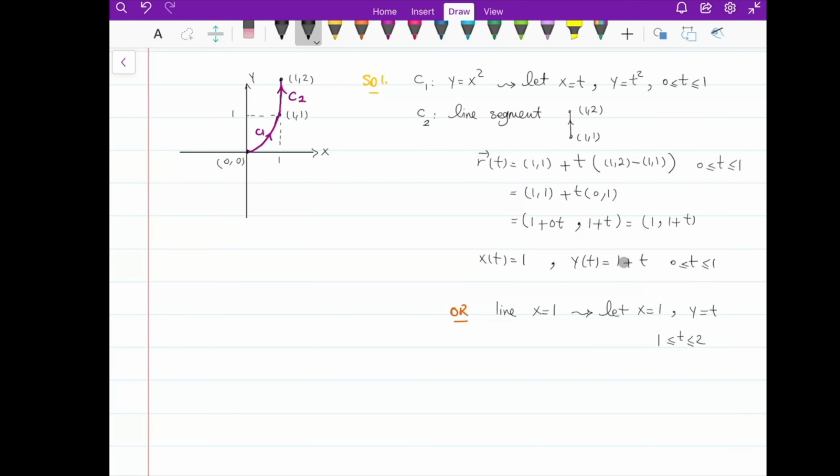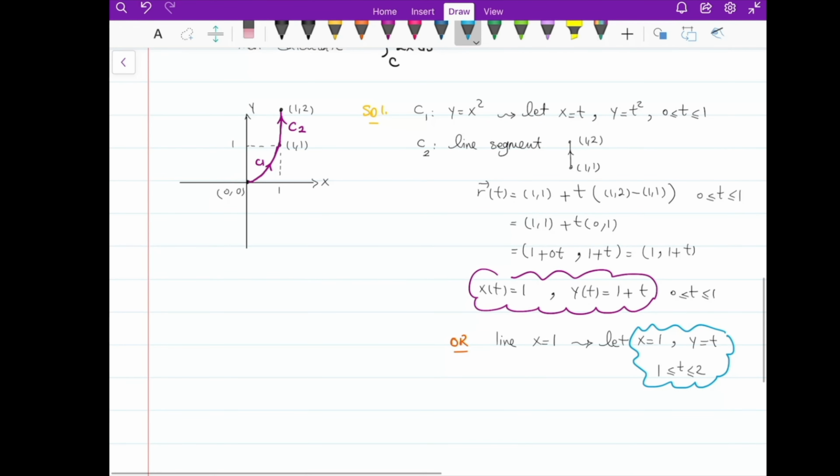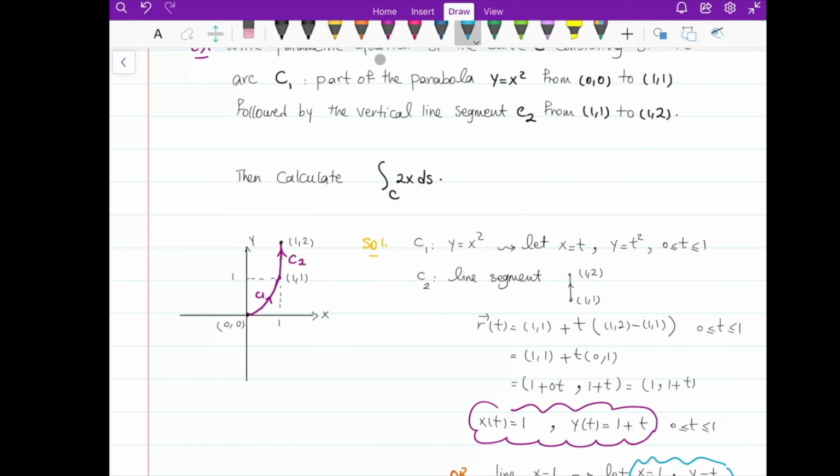So I can use this parameterization or I can use this one. Both of them would work. And actually the line integral does not depend on the parameterization, so I can use any of them.